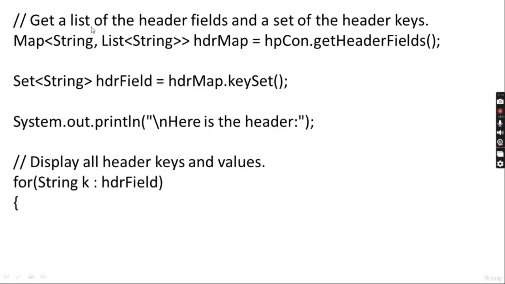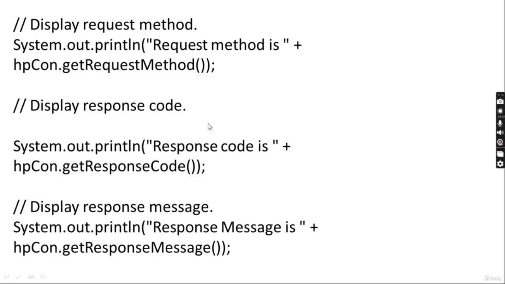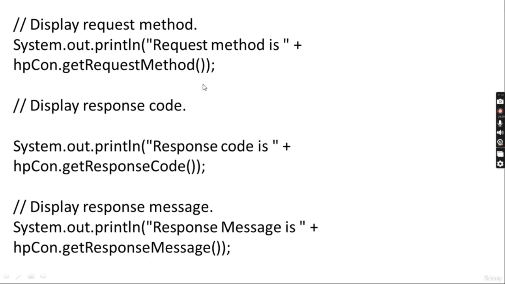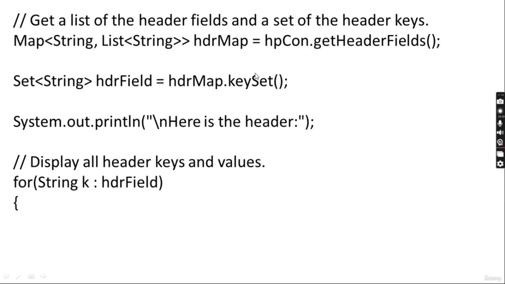So what we did, first of all, we created a URL object, then cast it to HttpURLConnection, then got the request method. The request method is displayed, the response code is also displayed, the response message is also displayed using httpConnection.getResponseMessage, then we get a map of header fields and the set of the header keys.